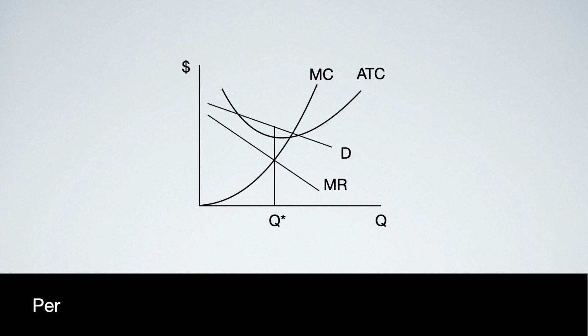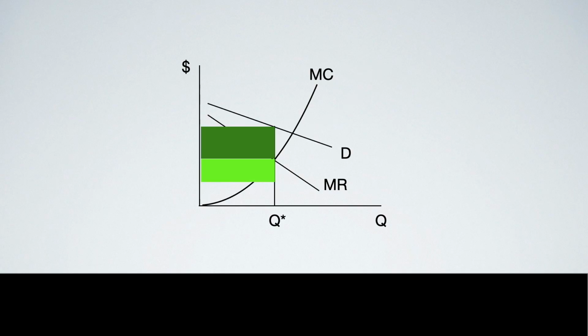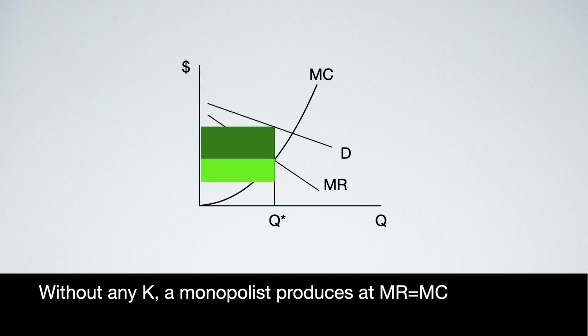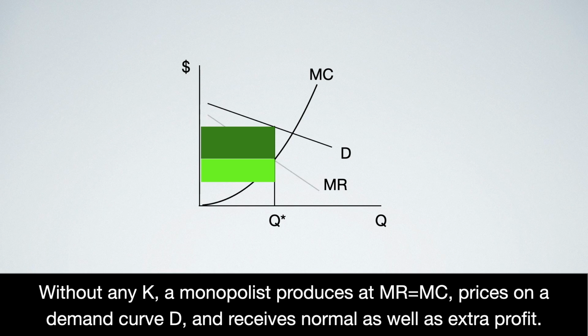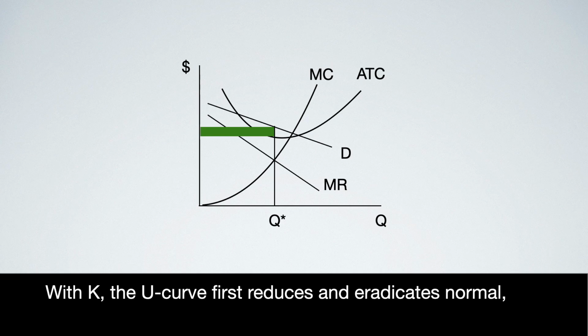Monopolistic competition. Perhaps, Chamberlin's model fits only monopolistic competition. Without any K, a monopolist produces at MR equals MC, prices on a demand curve D, and receives normal as well as extra profit. With K, the U-curve first reduces and eradicates normal, and then extra profits.